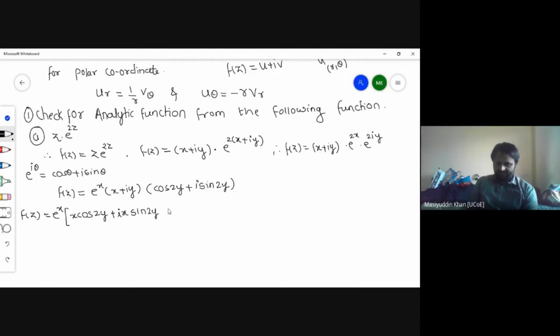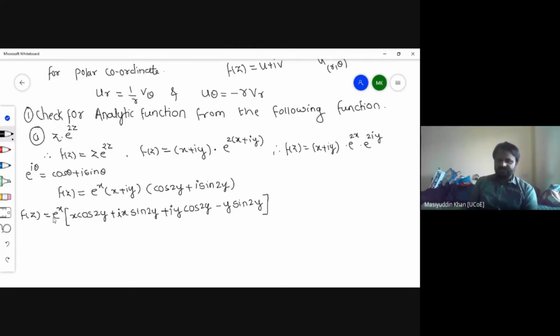Next we multiply with plus iy cos of 2y. Next, i into i becomes i square, and i square is minus 1, so you will get minus y into sine of 2y. So we just got this result.